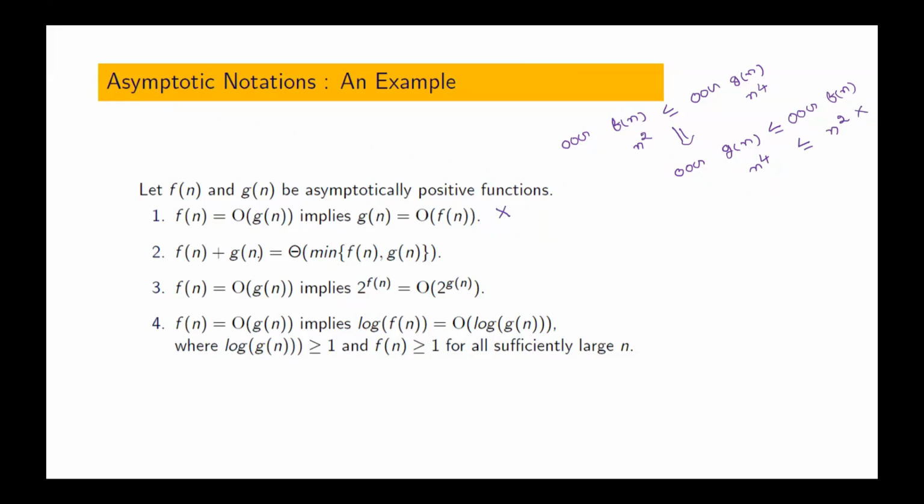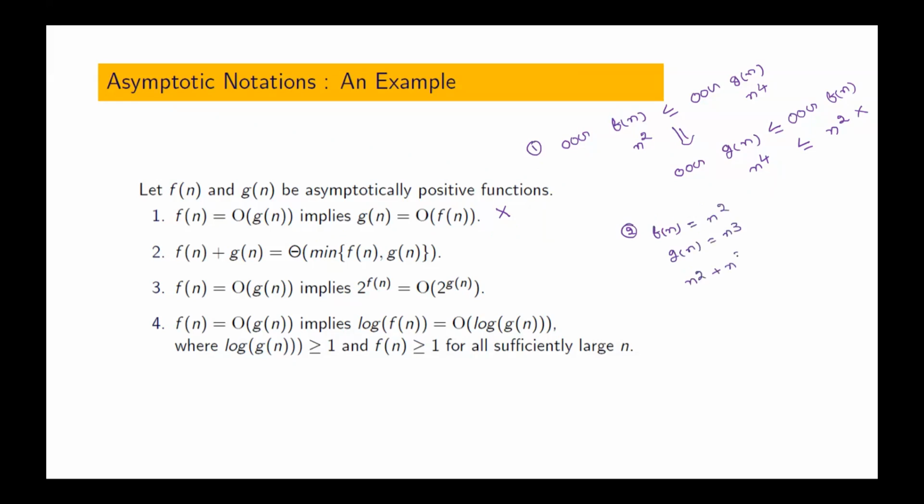F of n plus g of n is theta of minimum of f of n comma g of n. True, sir. So as an example, if we take f of n as n square, g of n as n cube. Now what is f of n plus g of n?